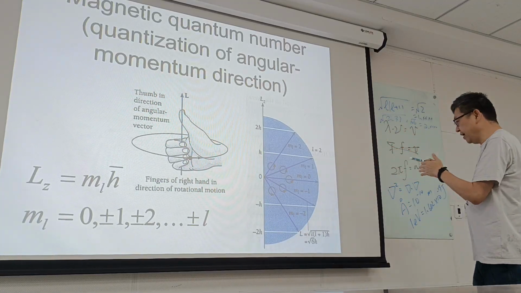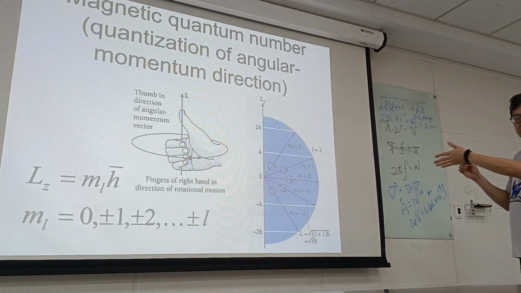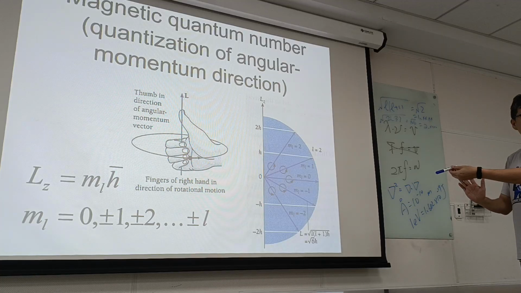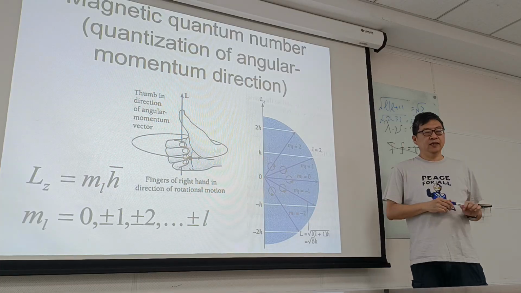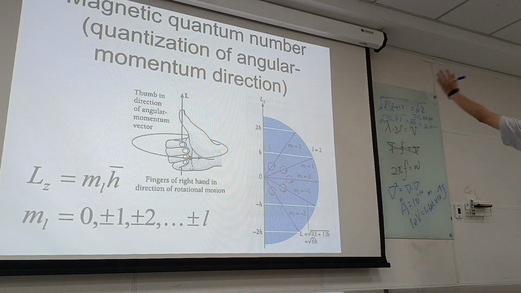If L is here, the electron is here. L is here, electron is here. L is here, electron is here. That's why the s orbital is a sphere: it is here, here, here, and finally it becomes a sphere.